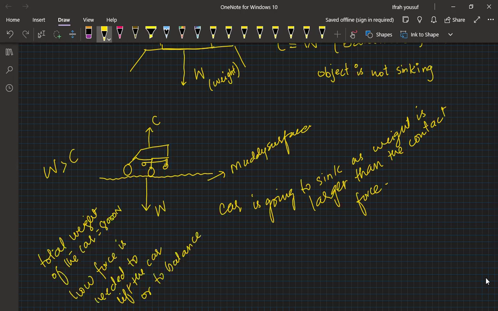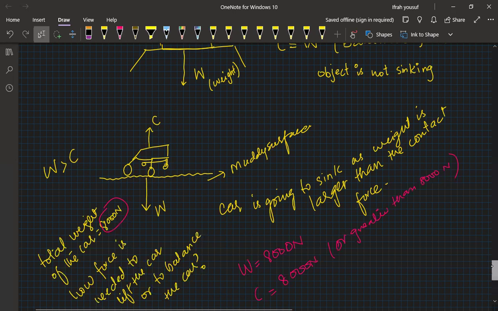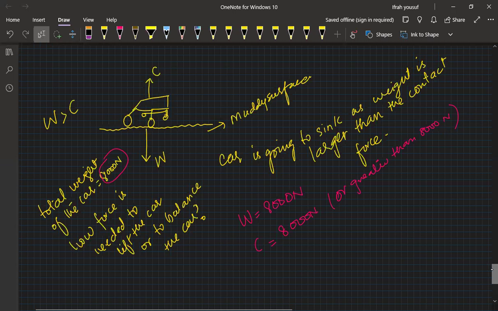Obviously, the weight of the car is 8,000 Newton, so the contact force is going to be 8,000 Newton, or greater than 8,000, right? Not less than 8,000. I hope this is clear. So contact force and weight, I hope it is clear now.